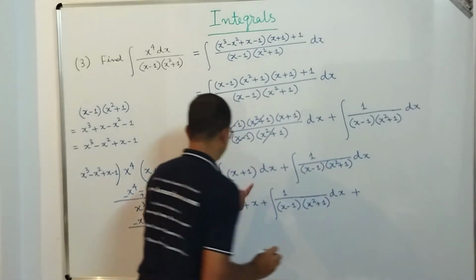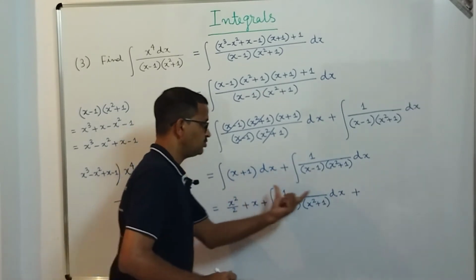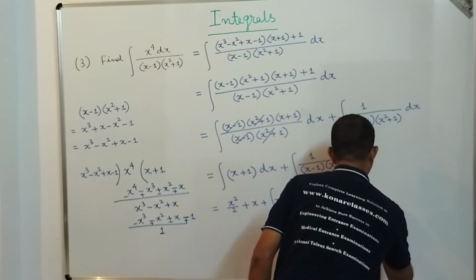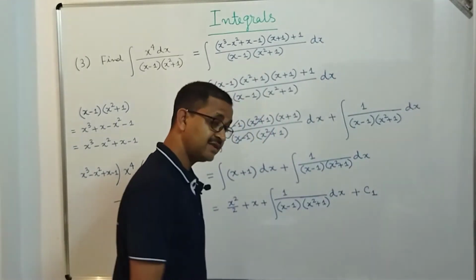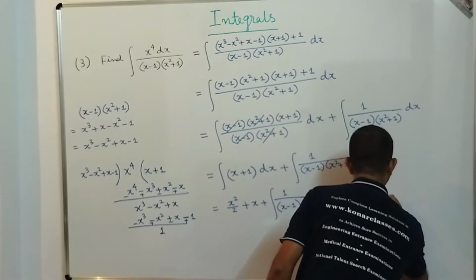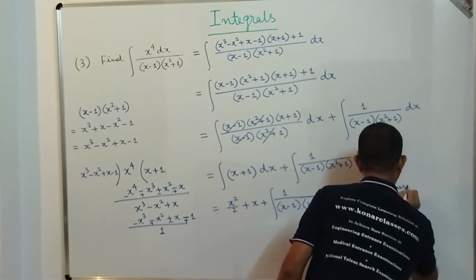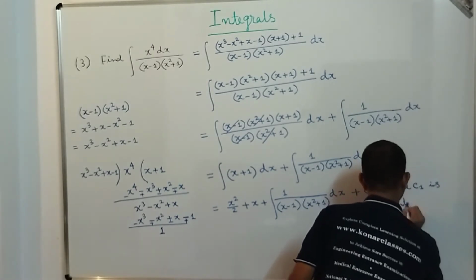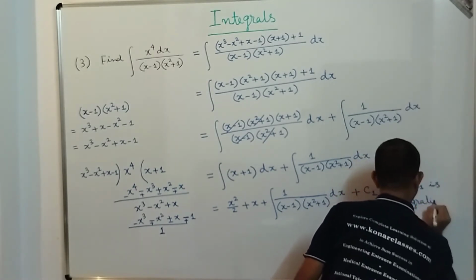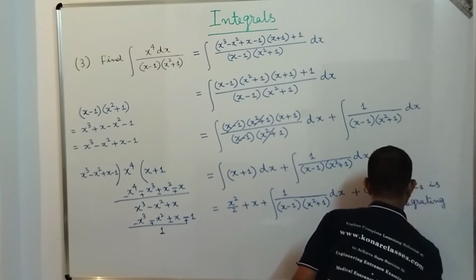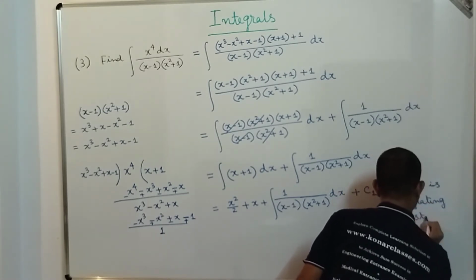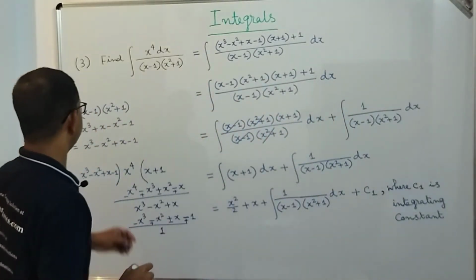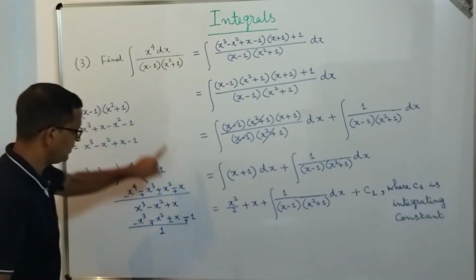And as we have completed this indefinite integration, we should include one integrating constant. So suppose we consider that integrating constant as C1, where C1 is the integrating constant. Okay, dear students.